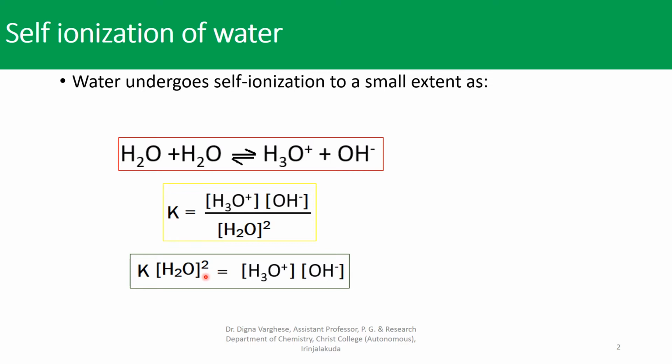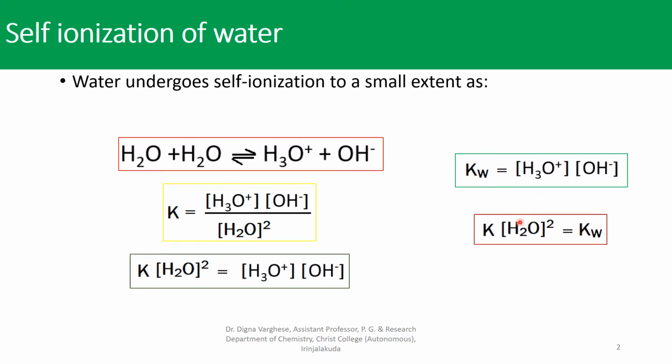So we introduce another constant in the place of K[H2O]^2, that is Kw, where K[H2O]^2 = Kw. Therefore, Kw = [H3O+][OH-].